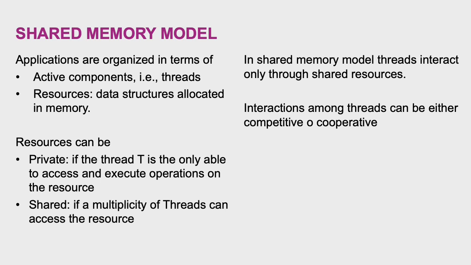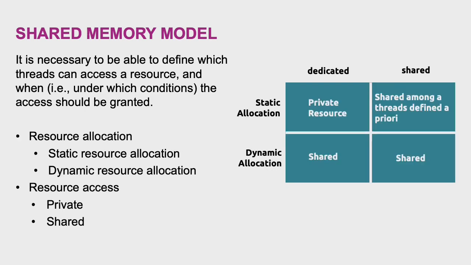It's clear, we need to control how threads access resources. In particular, we need mechanisms and tools to define when a given thread is granted the possibility to access a specific resource, and under which conditions the thread should be enabled to access the resource.